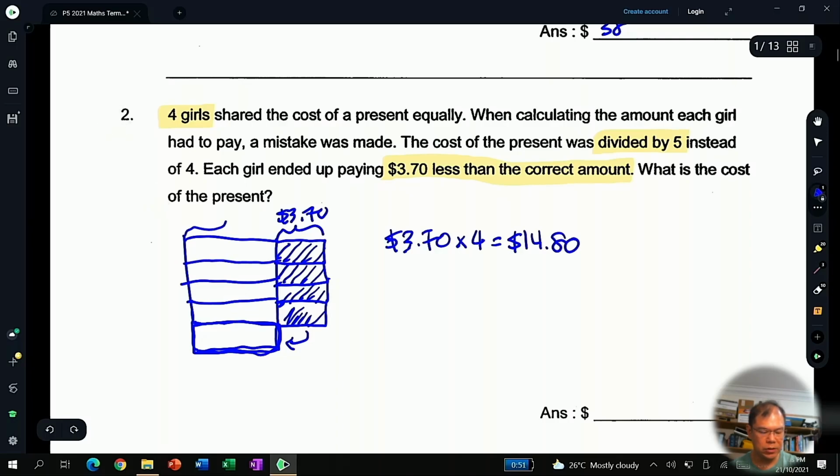Okay, so this is actually $14.80, right? So what is the cost of the present? I'll just have to take $14.80 multiplied by 5. That will be a total of $74. So the cost of the present is actually $74.